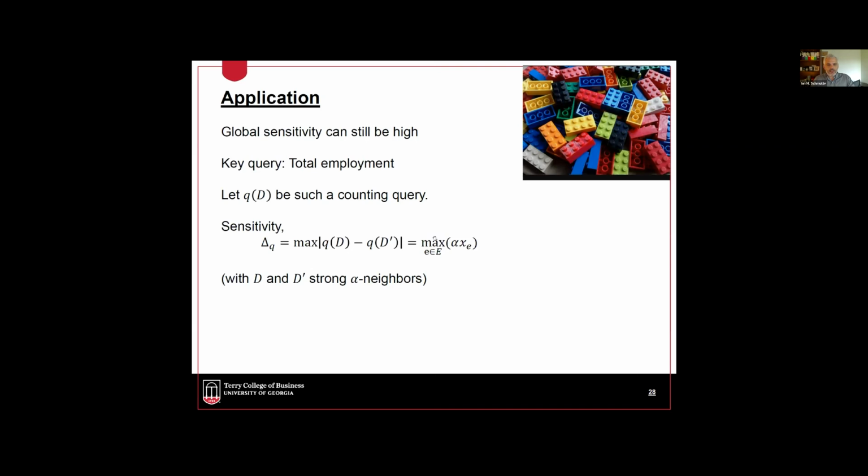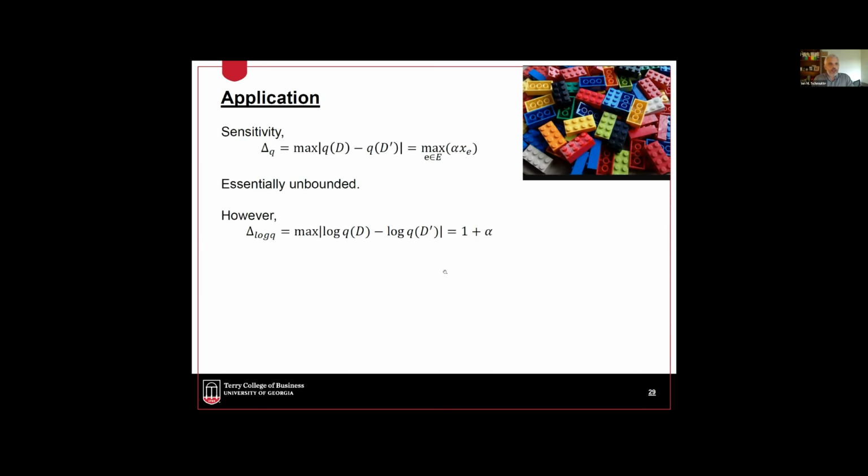The sensitivity can be as high as the maximum over all employers of alpha times the level of employment. So if employment can potentially be very large, then this sensitivity can still be alpha times something very large. So this could still give problems with sensitivity, at least global sensitivity. Global sensitivity here is essentially unbounded.